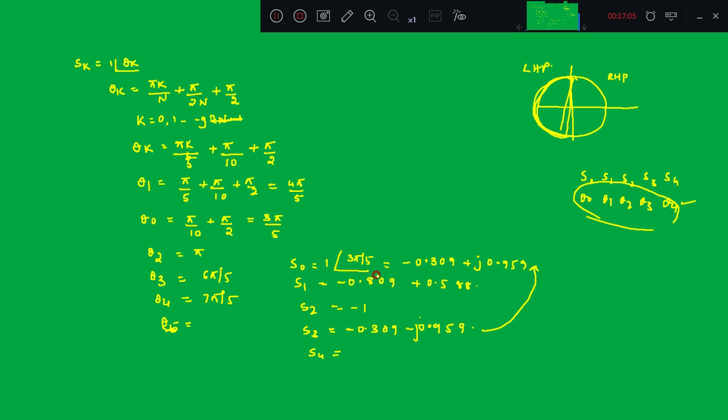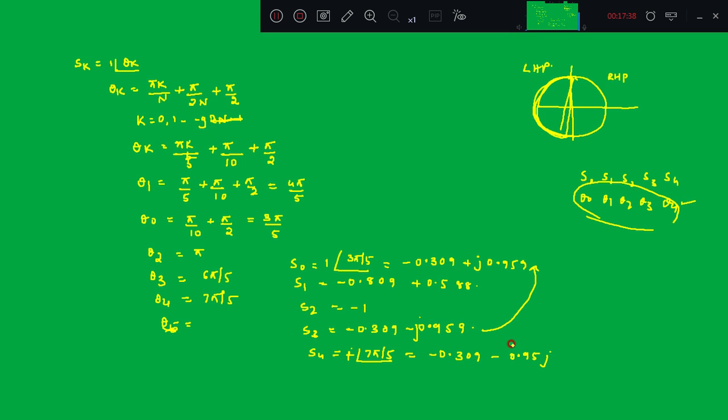So what is S1? Yes, S4 equal to minus, sorry, not conjugate, I am not sure. Let's calculate. S4 is equal to 1 with a phase angle of 7 pi by 5. If you calculate this, minus 0.309 minus 0.95 j.